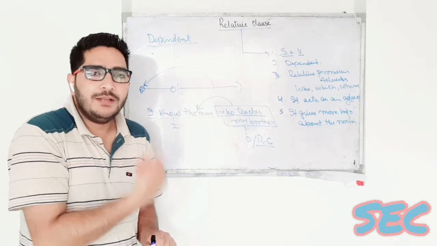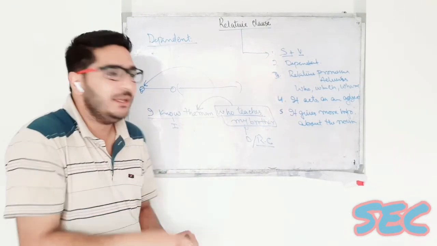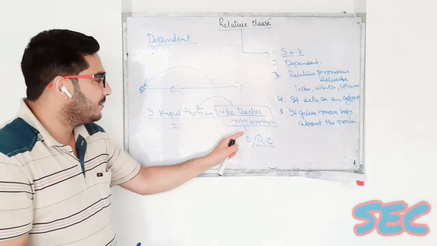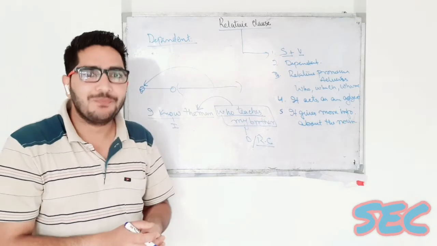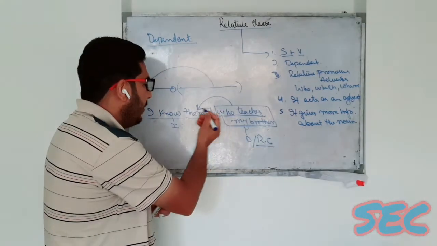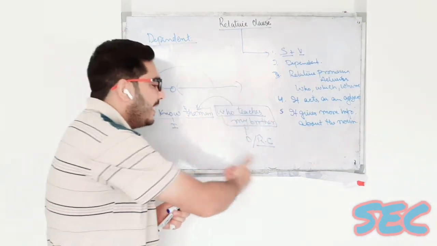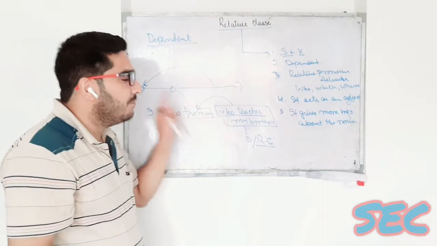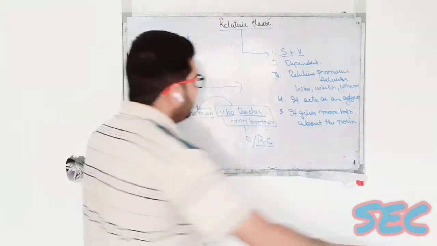Until now, I don't know what his profession is. I don't know who he is. But now, who teaches my brother? I can infer that he is a teacher. So this is more information about the noun. Here, the man is a noun, and this relative clause gives us more information about this noun.